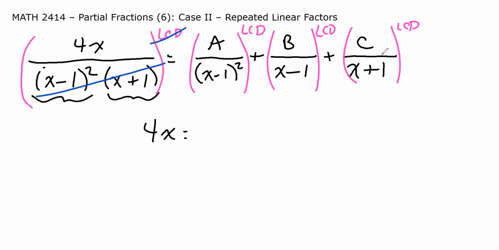For example, on this fraction right here, there's an x minus 1 squared in the denominator, and so when we hit it with the least common denominator, and I think I am going to write it out to the side just so we can see it. All right, when we multiply this fraction by this, the x minus 1 squareds will cancel.